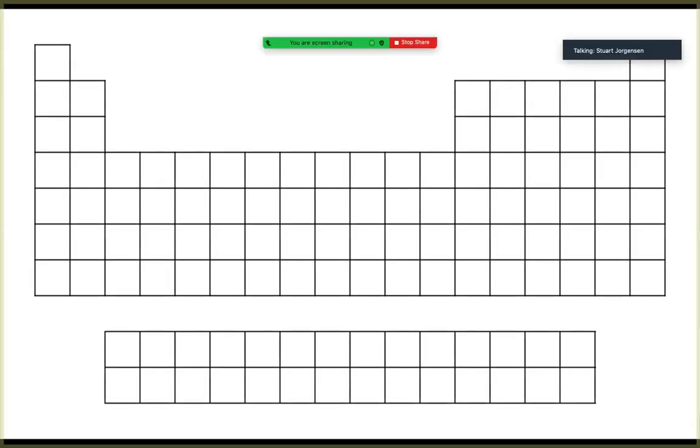But there's really four quantum numbers we need to be familiar with. The first is our principal quantum number, right? Principal quantum number. And all that's describing is your energy level. This is the broadest kind of number we can use.